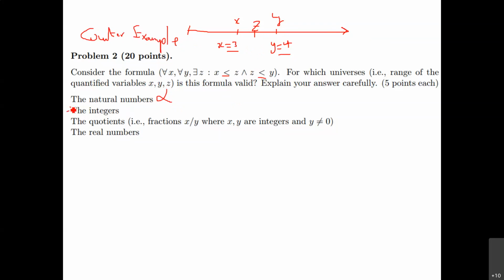What about the integers? Would it work for them? So Samer's saying no. Can you give me a counterexample of why it wouldn't work for the integers?